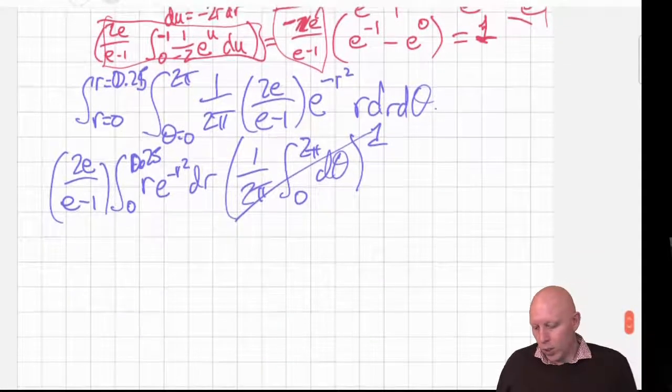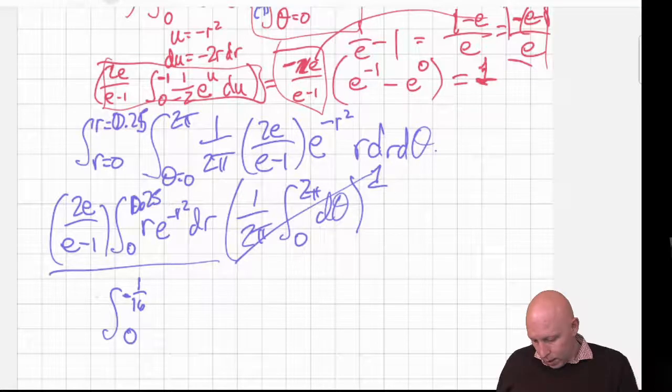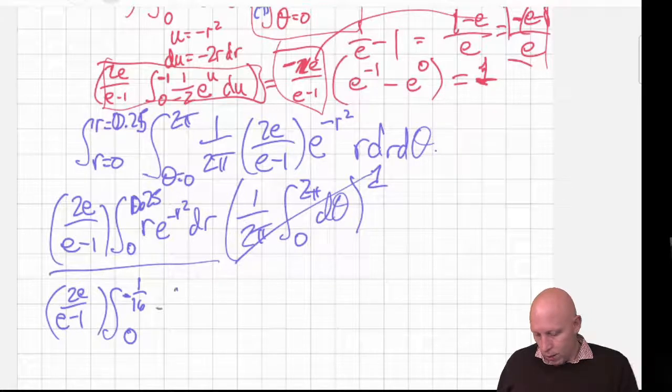And so what do we get? We have the same substitution, integral from 0 up to negative 1/16 of 2e over e minus 1 times negative 1 over 2 e to the u du.